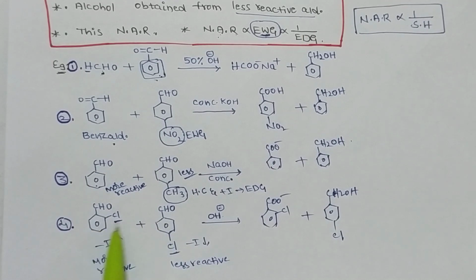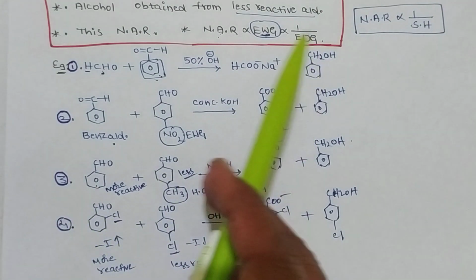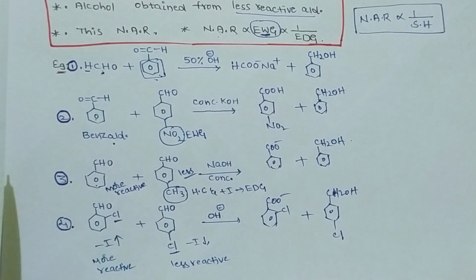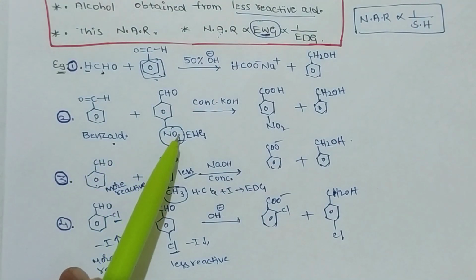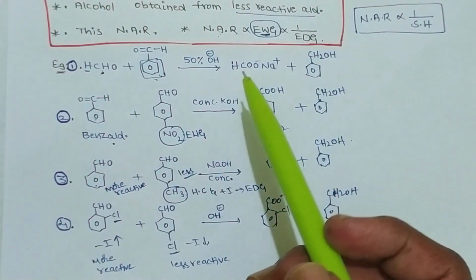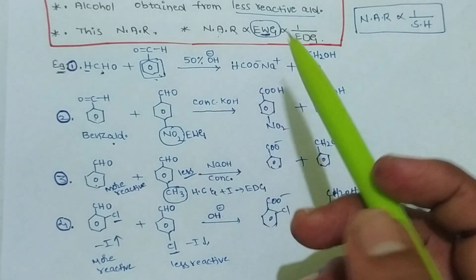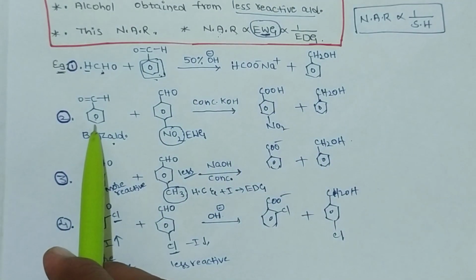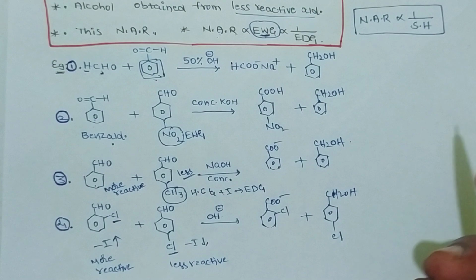This is the crossed Cannizzaro reaction: two different aldehydes which do not contain alpha hydrogens, in the presence of alkali, undergo crossed Cannizzaro reaction and give two products. Which is oxidized and which is reduced depends upon the withdrawing group. If a withdrawing group is present, that aldehyde is more reactive and undergoes oxidation. The less reactive aldehyde undergoes reduction.